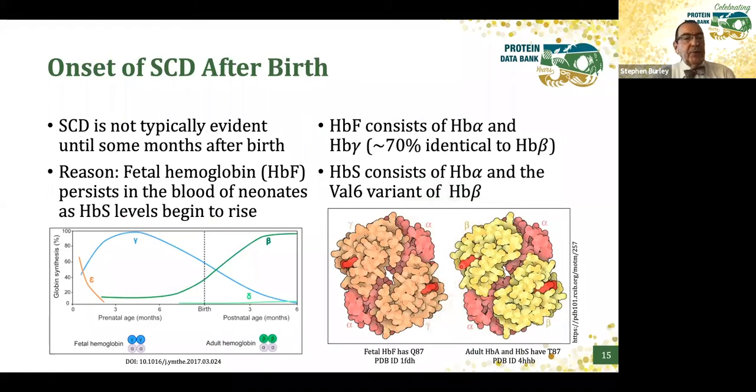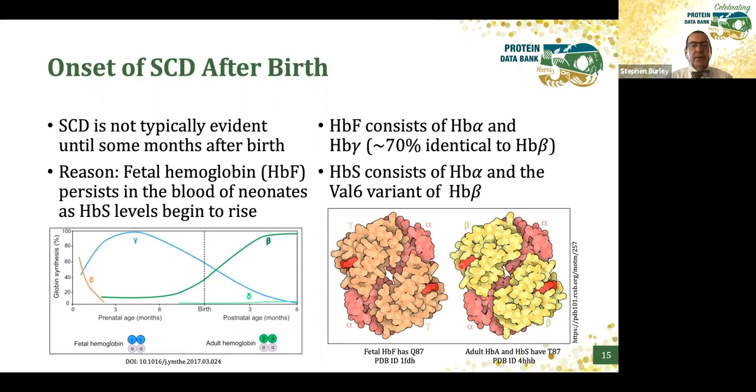One of the challenges in the early days of treating individuals with sickle cell disease is that it's not typically evident at birth. It doesn't appear until some months after birth. And the reason for that is that while the baby's in the womb, the baby actually has what's called fetal hemoglobin in its circulation.